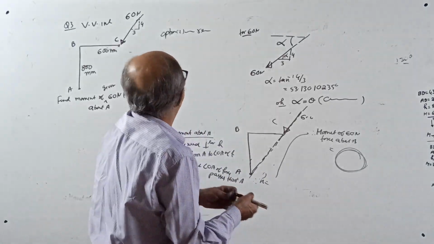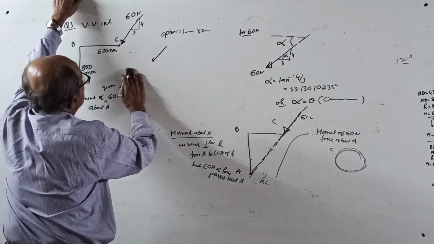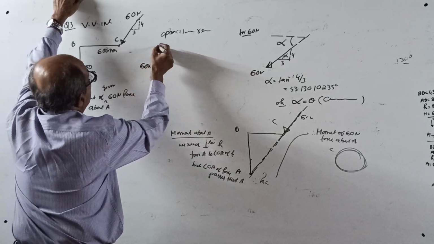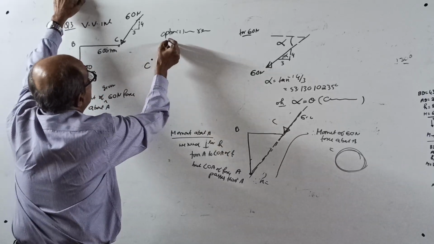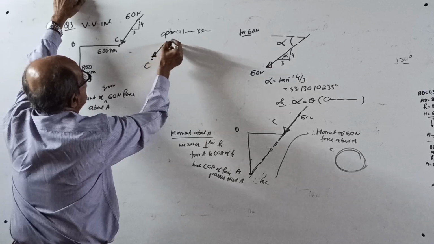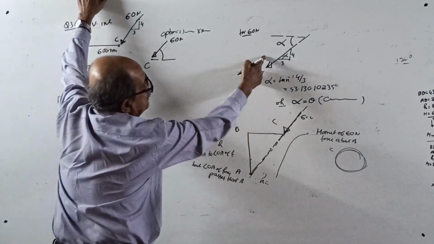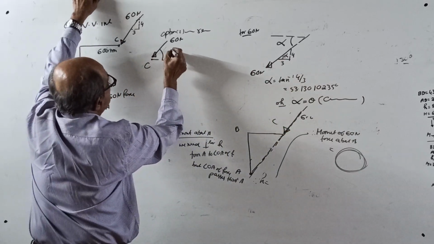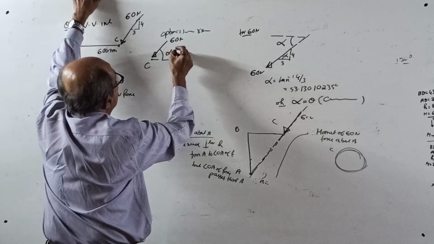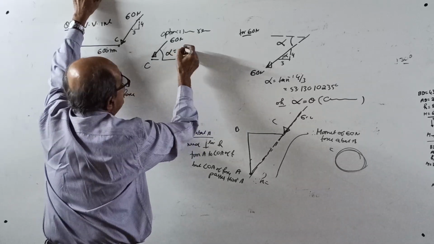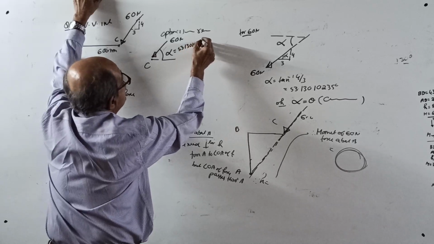Now, the 60 Newton force is acting through the point C this way. It makes an angle with the horizontal, alpha, which you already know: 53.13010235 degrees.